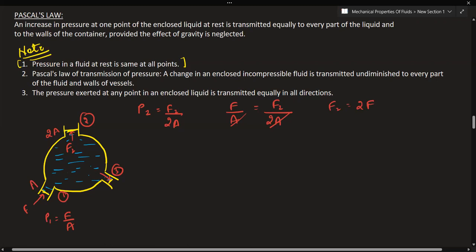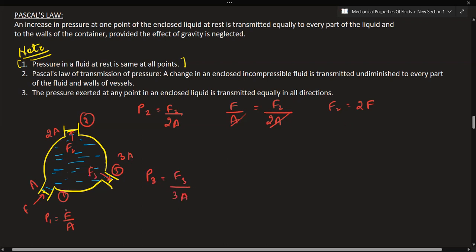Understood? So for example, let's take this third end, and let's say the area of this third end would be 3A. Can you tell me what would be the force? 3F, ma'am. 3F, exactly. Let us say F3 is the force exerted over here. So it should be F3 divided by 3A.